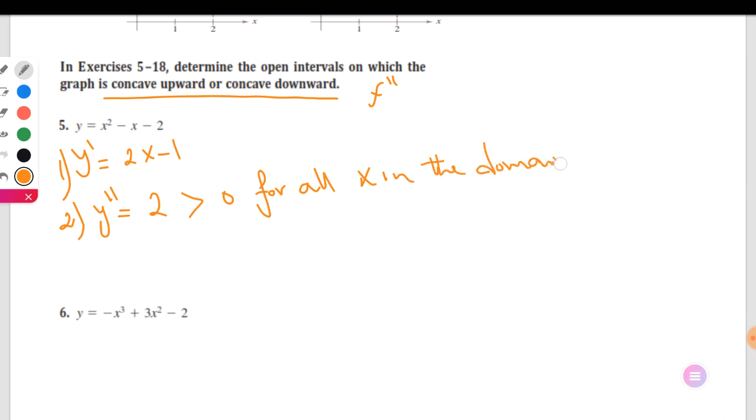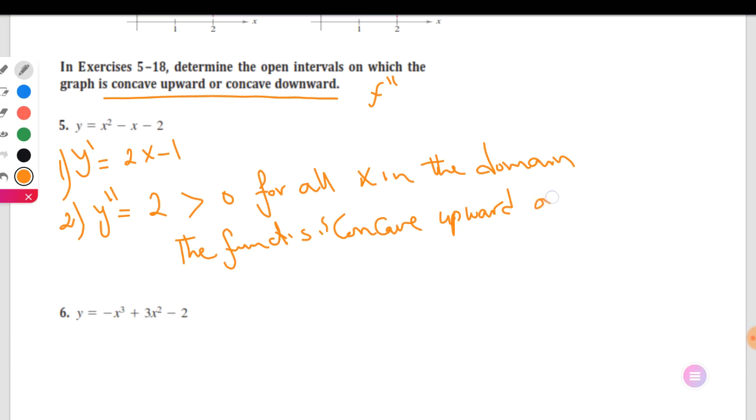What is the domain here? All real numbers. So in this case, the function is concave upward for all x.